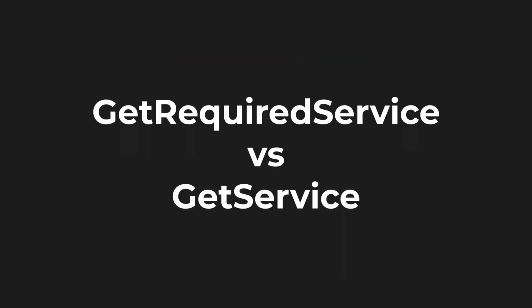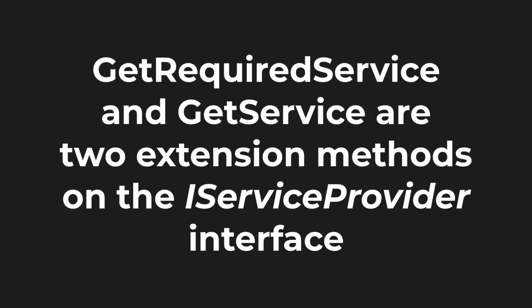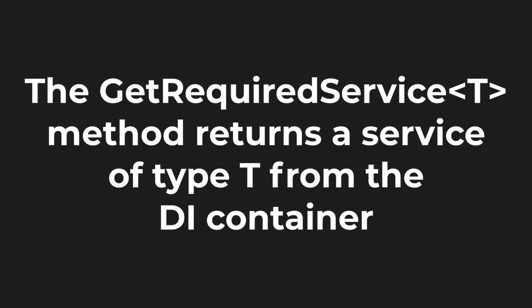Finally, a quick word about the difference between GetRequiredService and GetService. GetRequiredService and GetService are two extension methods on the IServiceProvider interface. The GetRequiredService method returns a service of type serviceType from the dependency injection container.